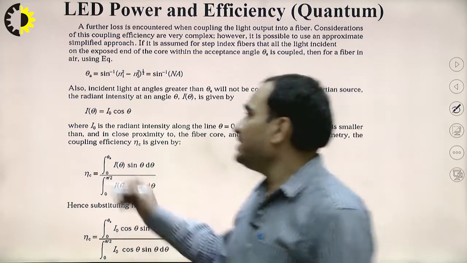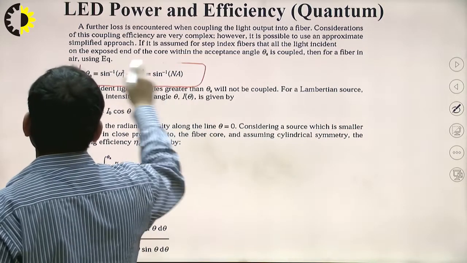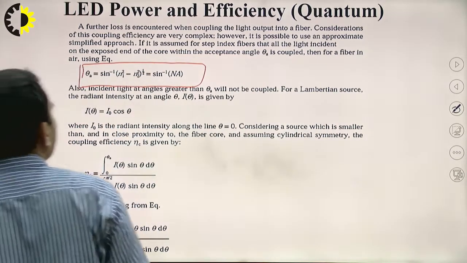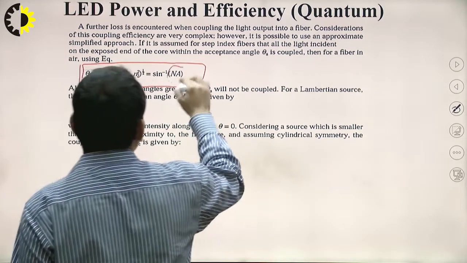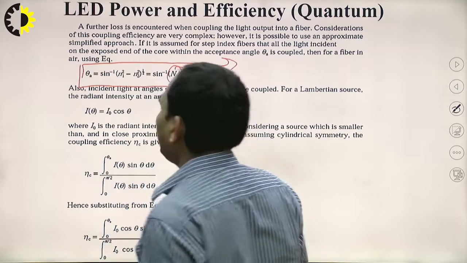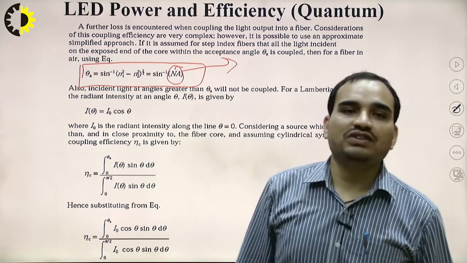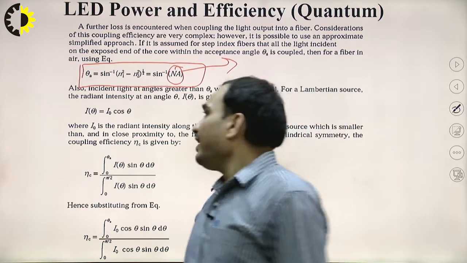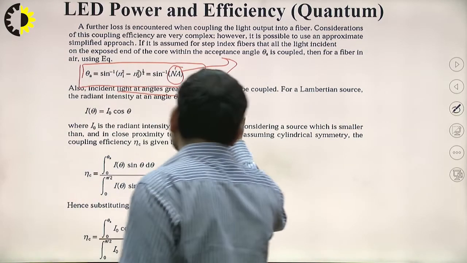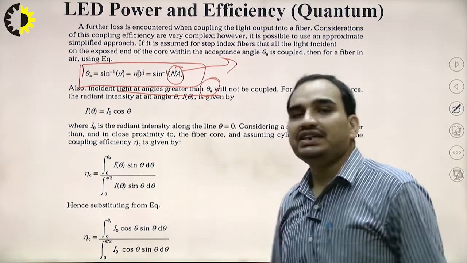So we can write the acceptance angle as sine inverse of the square root of n1 squared minus n2 squared, which is nothing but the numerical aperture, as we have discussed in our previous lectures.